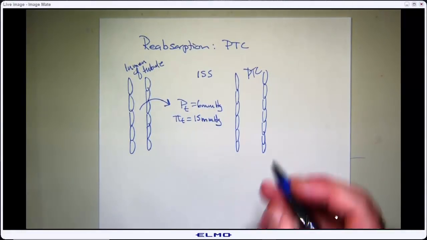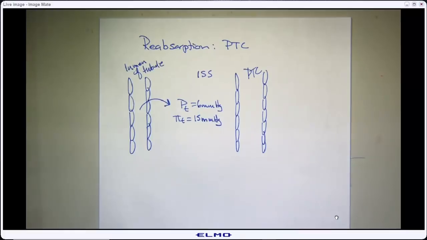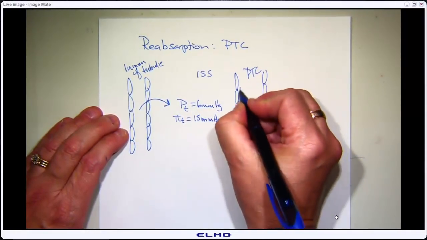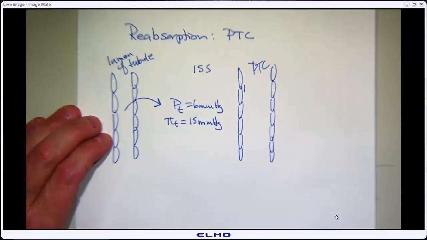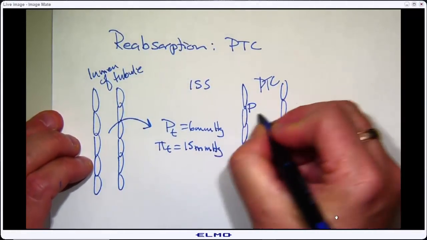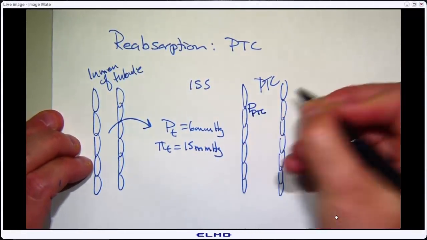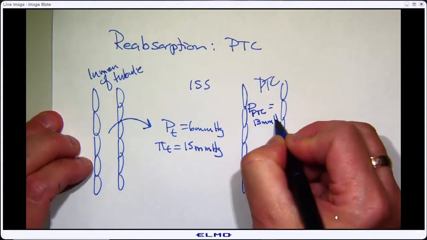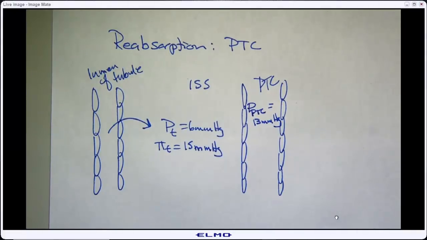Peritubular capillary has a hydrostatic pressure in the peritubular capillary, 13 millimeters of mercury. Okay?